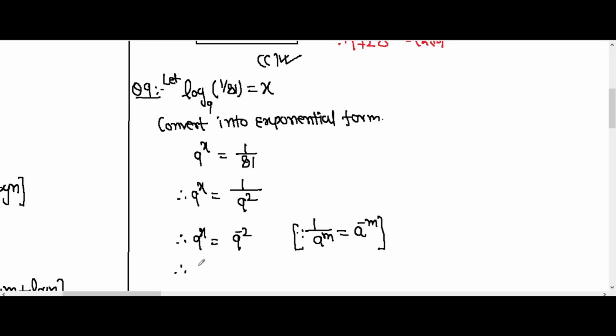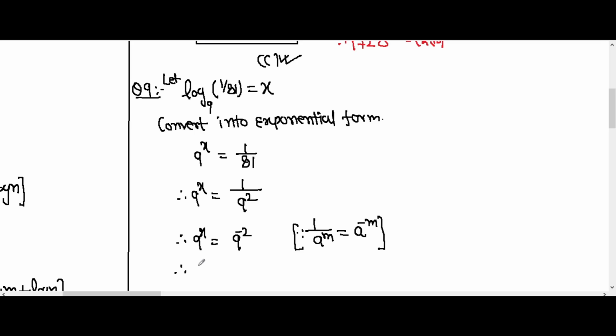Next we have to find log. Now question number 12, we have to find the value of, and which value are we asked to find out: log at the base of 2, log at the base of 2, log at the base of 2 of 16. Now pay attention, 16 is written as 2 raised to 4. So log at the base of 2, log at the base of 2, log of 16 is written as 2 raised to 4 at the base of 2, is equal to log at the base of 2, log at the base of 2, and next 4 log of 2 at the base of 2.